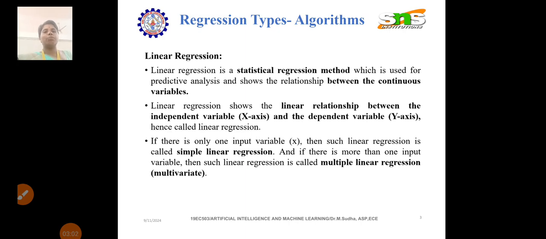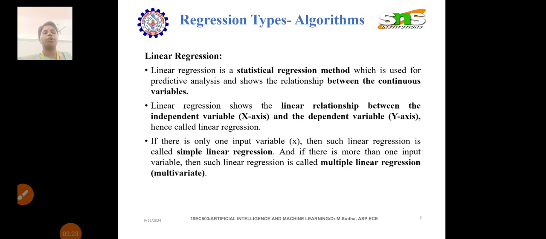Coming to the second point, linear regression shows the relationship between the independent variable on the x-axis and the dependent variable on the y-axis. Hence, it is called linear regression. If the input varies, the output also has to vary linearly.